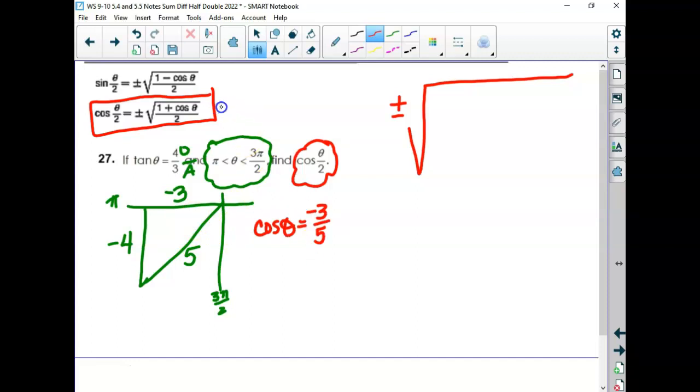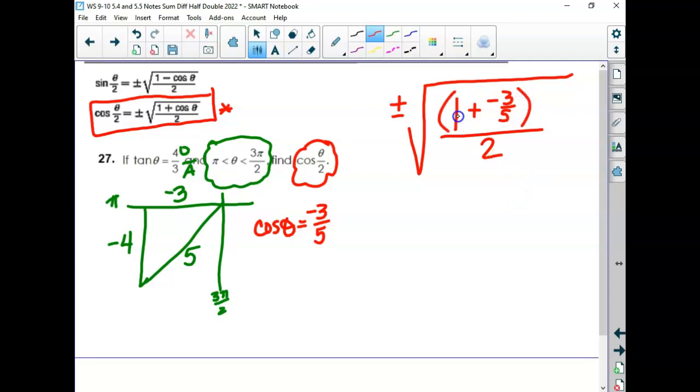So then when I substitute into here, I have a giant square root of 1 plus a negative 3/5, all divided by 2. Now, if we want an exact answer, do you think it's going to work if we put the square root in our calculator? It's going to give us a decimal, right? So just put what's inside in your calculator.